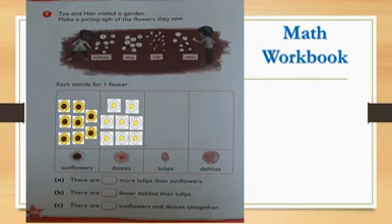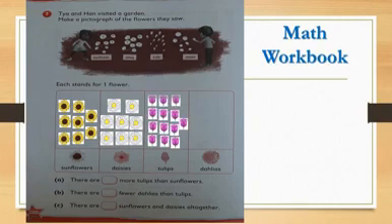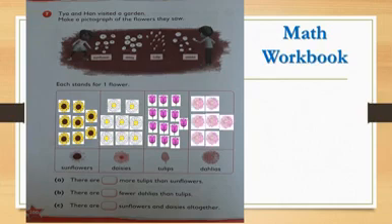How many tulips did they see in the garden? Okay, the correct answer would be, what's the correct answer? Okay, there are 13 tulips. And how many dahlias were there? Okay, there are 7.